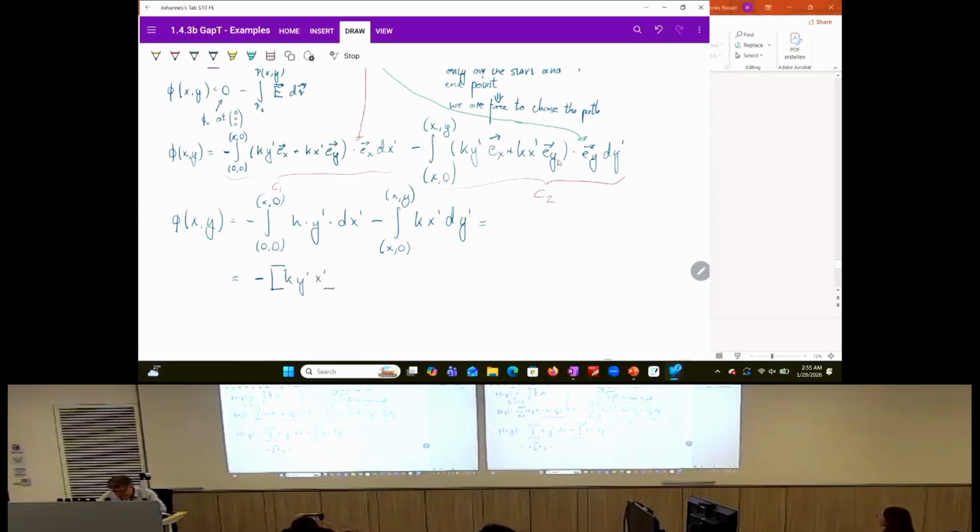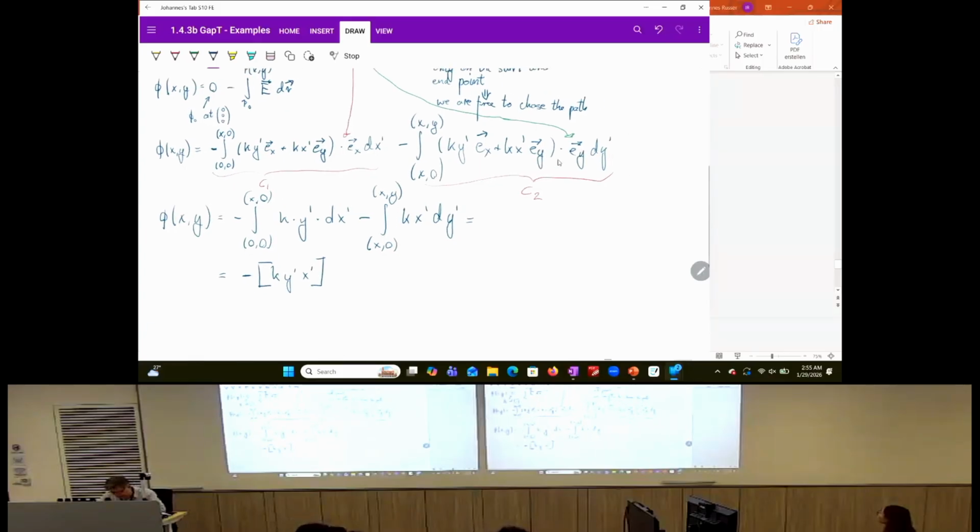And for x, we have to insert the starting and end points, while for the second integral, we are integrating over y'. Now, this gives us k x' y' here, integrating from x0, the start point, to xy.